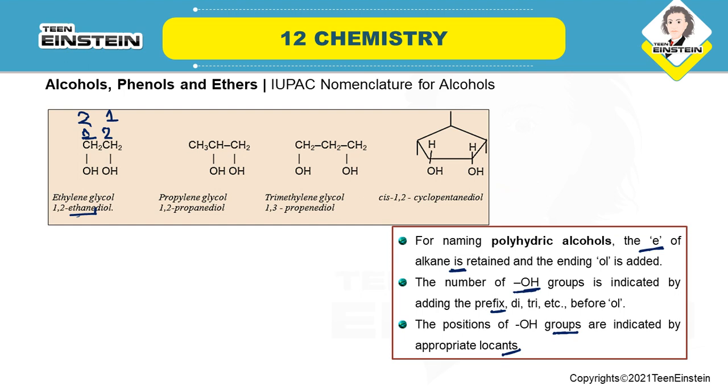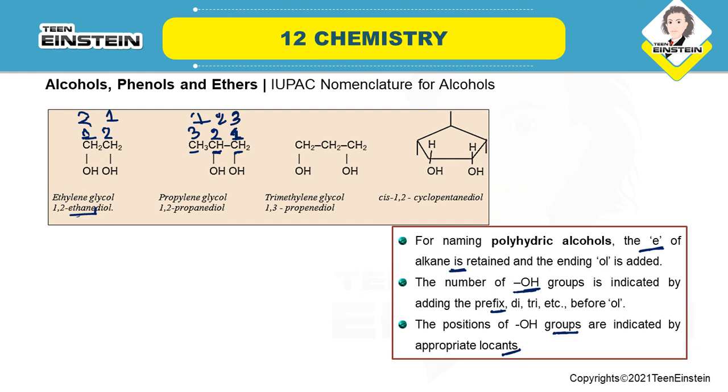1,2-ethanediol. Then we have 3 carbons, but only 2 carbons containing OH groups, and the numbering will be from this side because we have to give the minimum number to the carbon to which OH is attached. So if you do the numbering from the left-hand side, that is like this, 1, then 2, then 3, it will be wrong.